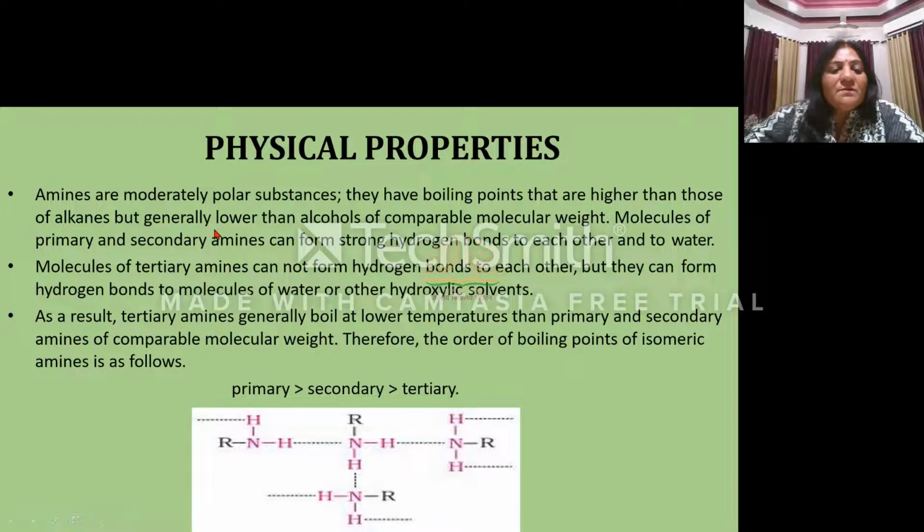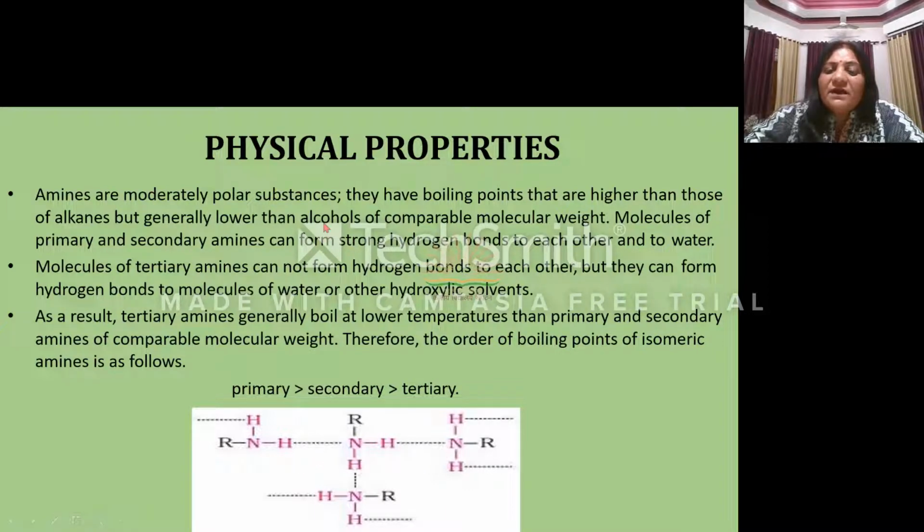So here one point is taken that the boiling point of the amines is lower than the alcohols of comparable molecular weight. The reason is that oxygen is more electronegative than nitrogen. So the extent of the formation of the hydrogen bonding will be more in case of alcohols, and less hydrogen bonding will be seen in case of the amines.